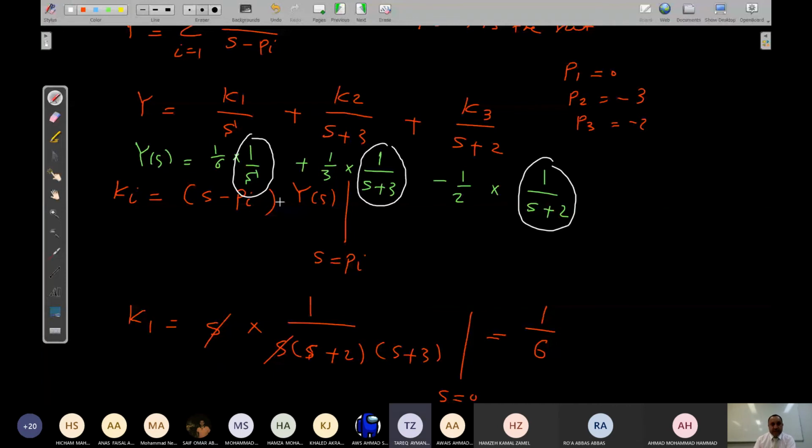Yes, the first one is the unit step. The second one is exponential of minus 3t. And the third one is exponential of minus 2t.